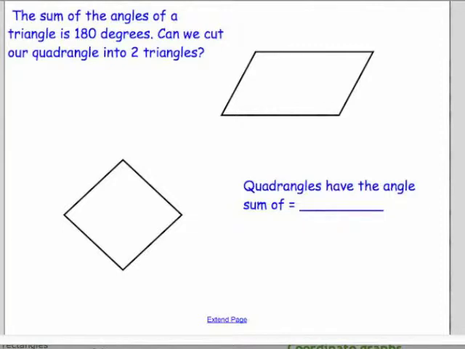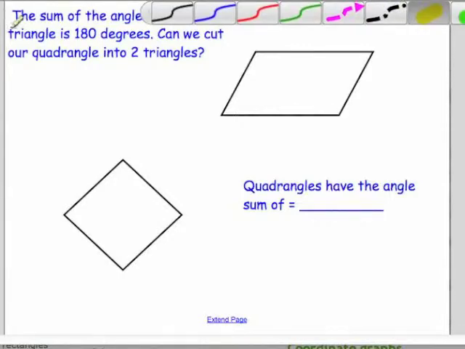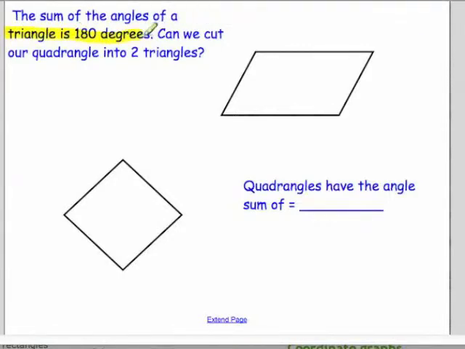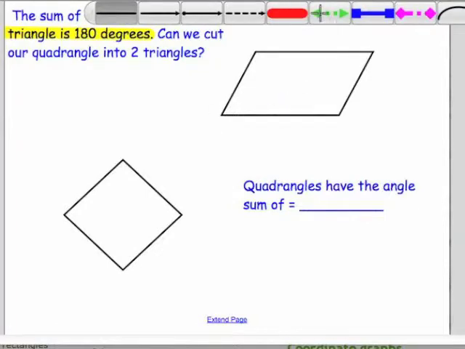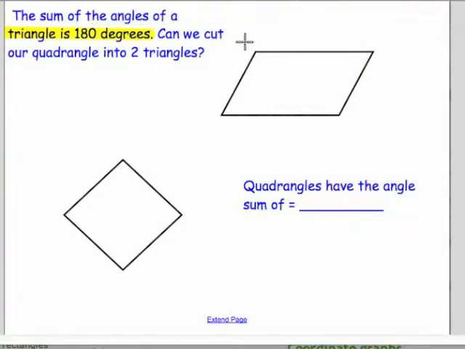But since we know that the sum of angles in a triangle is 180 degrees, something we already know, we figured that out, could we try cutting this quadrangle or quadrilateral into triangles? Now, not lots of little ones, but we're going to actually connect our vertices to cut this into a couple of triangles. So if I cut this right here, what do you notice? How many triangles do I have? Hopefully you notice, obviously, that there are two triangles here.